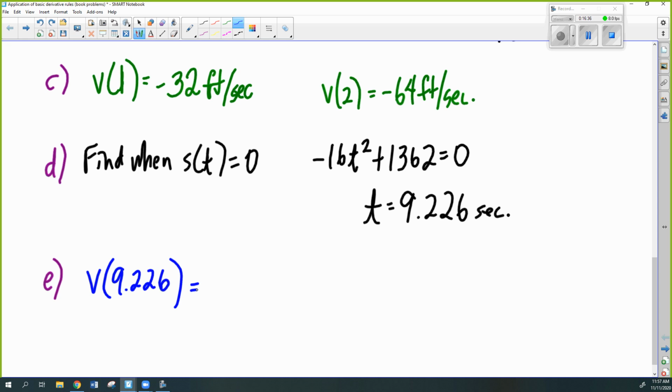It shouldn't take you too terribly long to figure out what negative 32 times 9.226 is. Thank you, Fuad. Now, either I miswrote something or I didn't round.